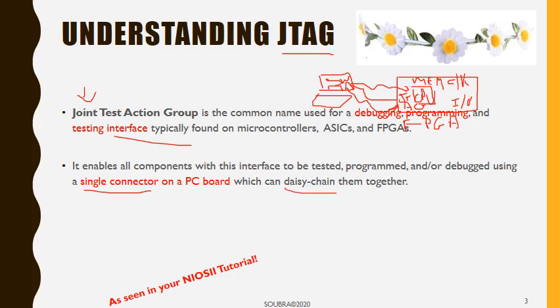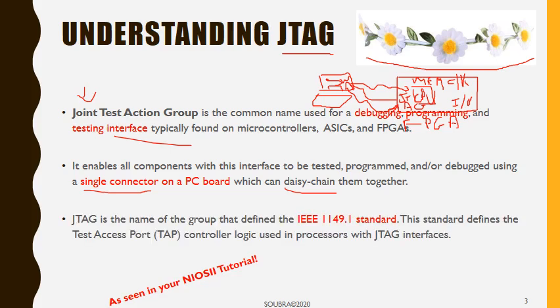A daisy chain is like the daisy flowers when you put them together like that, and sometimes you wear them on your head. And the idea is that the JTAG is a standard, so whether you use it with North American ICs, boards, etc., or Asian ones, it is the same protocol, same standard, so they are compatible.